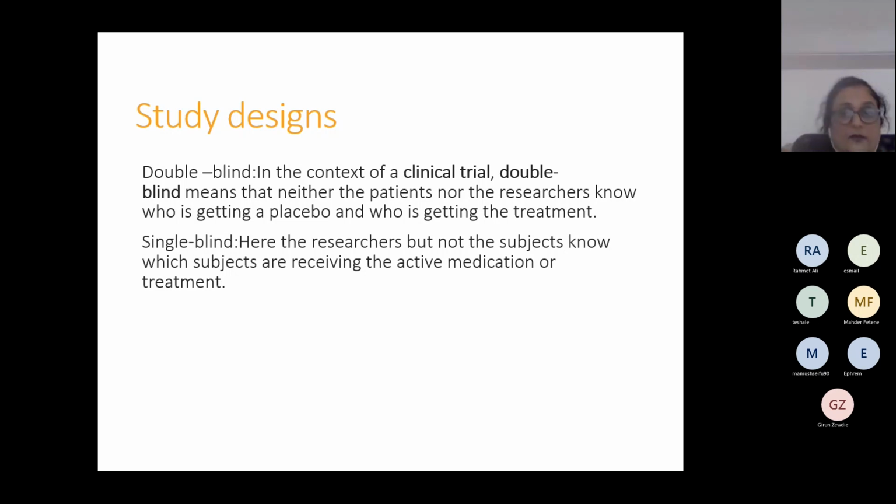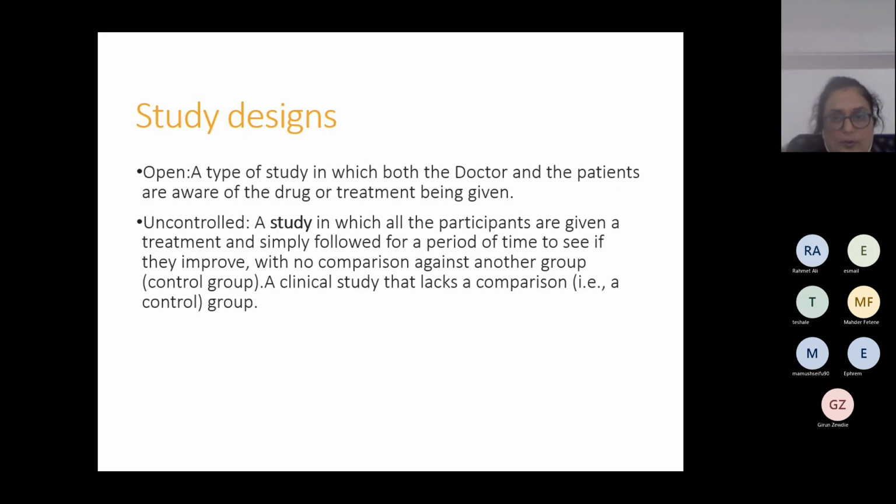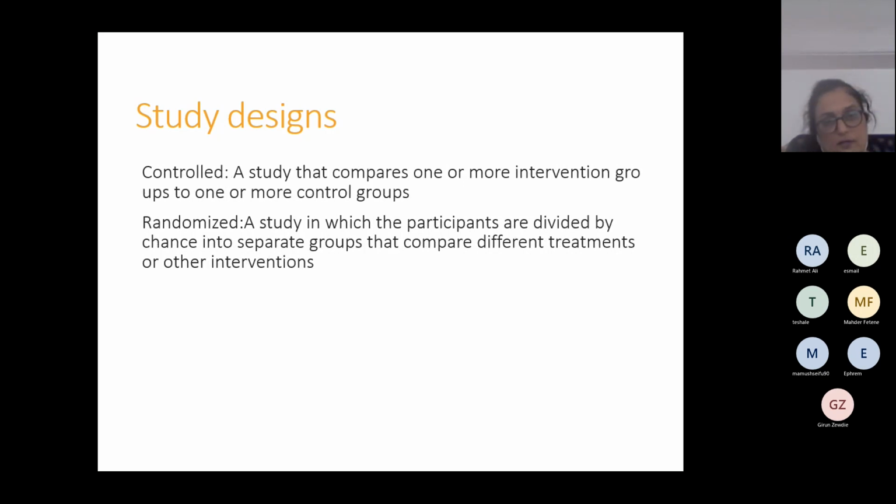In single blind, the researcher, but not the subjects, knows. Here in single blind, the subject, that means the patient, does not know, but the researcher knows which is the active medication being used for the treatment. Okay, and we had seen open study. In open, it was the doctor and the patient who knew what the treatment is.